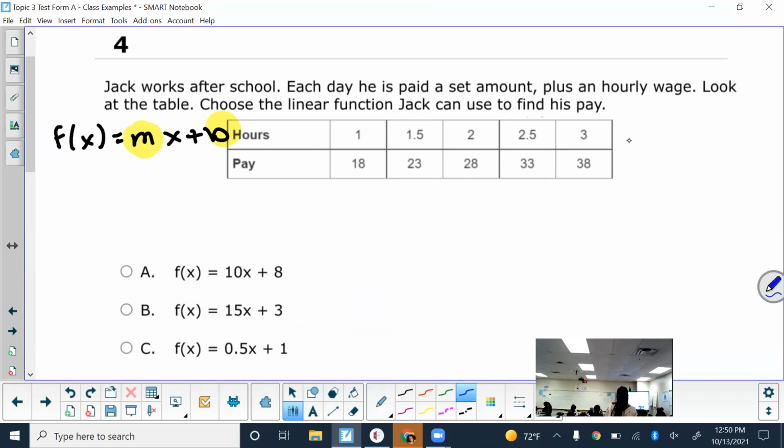So what's the formula for slope? You can use the y2 minus y1 formula. Rise over run, I don't think you can use because there's no graph here. Which one did I say is good for the table? Or like the best one for the table?